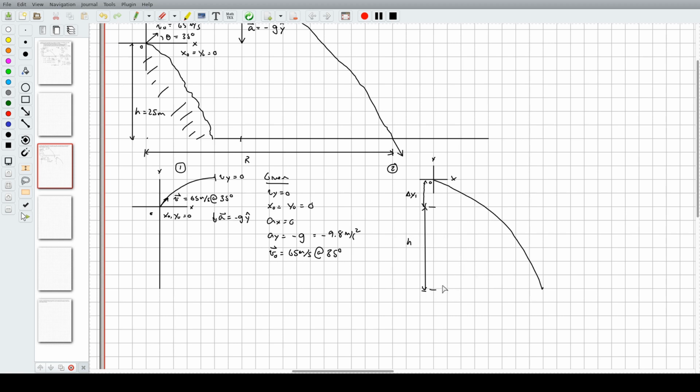Now, we're going to need to find this right here, this distance. So this distance right here would be the range for part two. For part one over here, it would be this distance right here, basically. So this right here would be the range for part one. And adding those together should give us the total distance from the base of this hill.